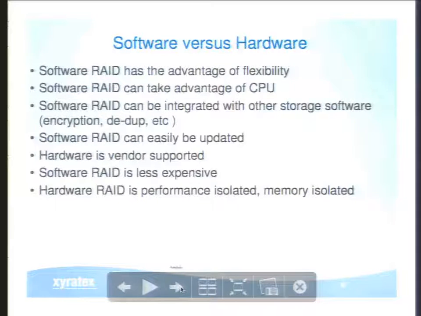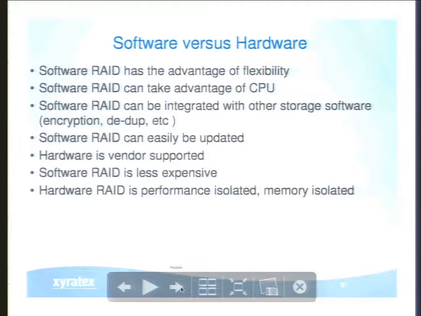So in comparing the two, I would say that software RAID has this advantage of flexibility. You also can take advantage of new generations of CPUs, and you can often integrate it with other parts of your storage hierarchy, and that really means like dedupe or encryption. It can easily be updated.